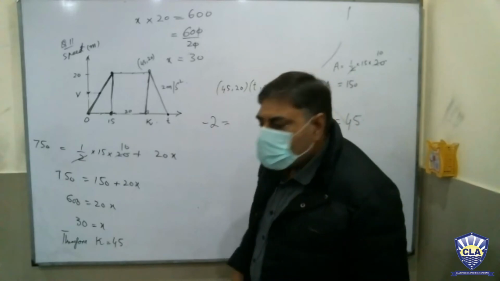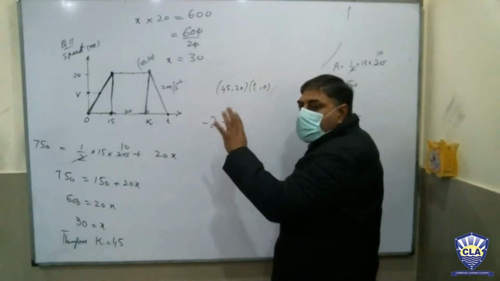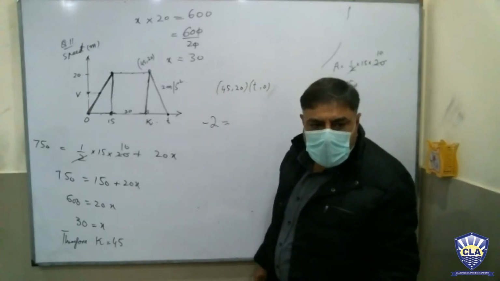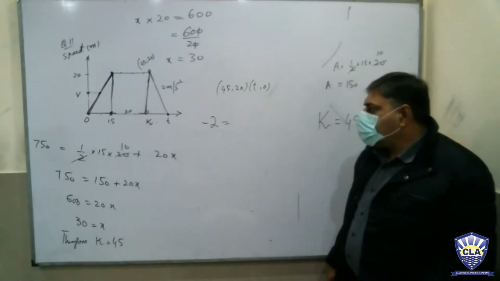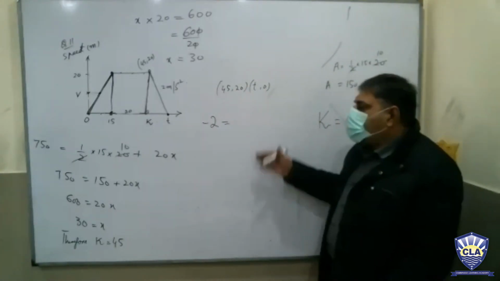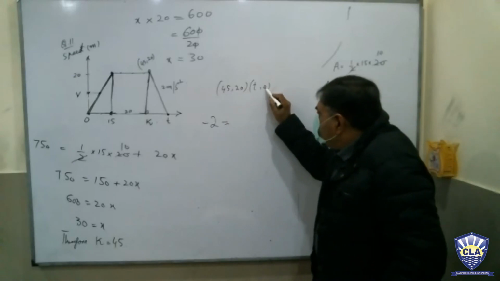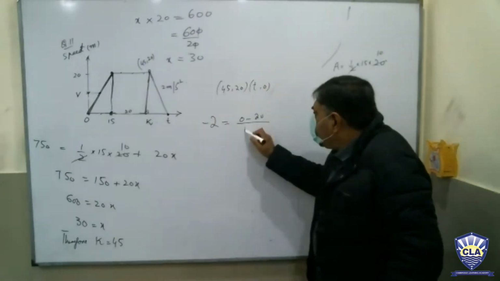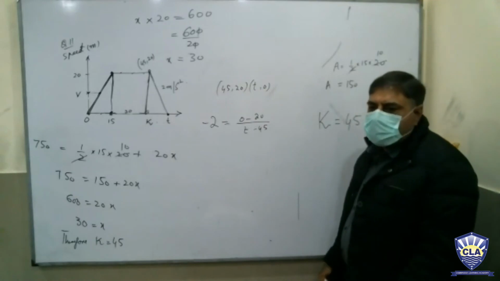So you will take -2, because retardation is the negative of acceleration. It is important. Retardation is negative acceleration. The gradient is 0 minus 20 over t minus 45, equals -2.